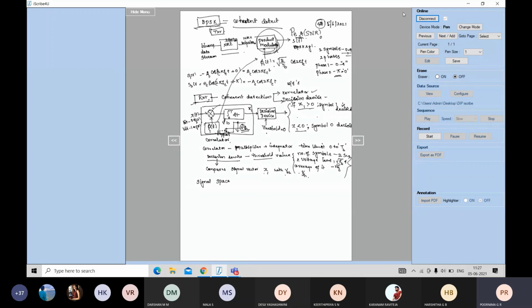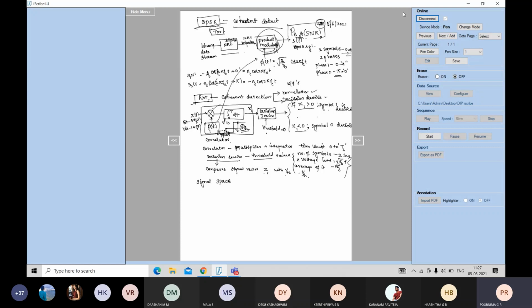Since these are the two parameters which decide the efficiency of a receiver, the analysis of the probability of error and the signal to noise ratio has to be done for all the modulation techniques.